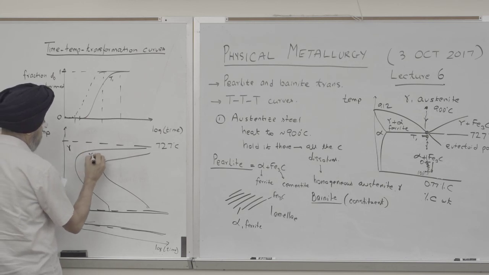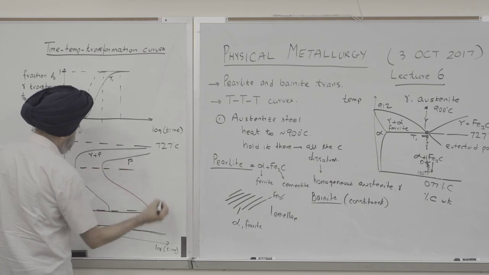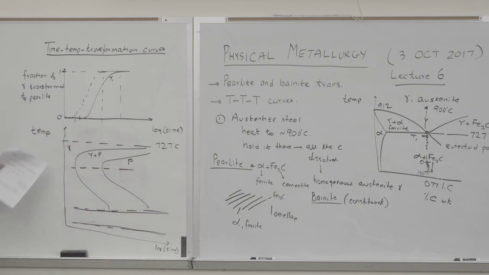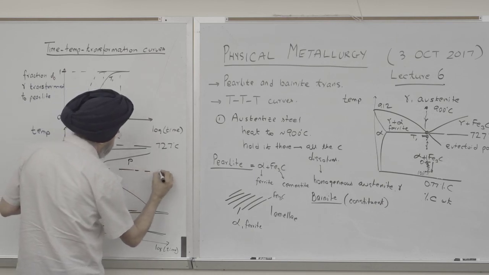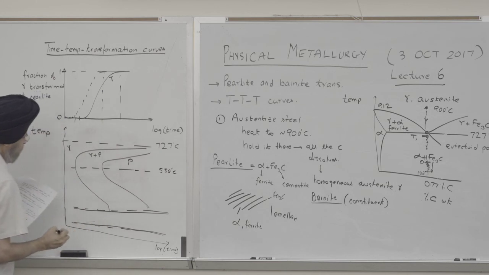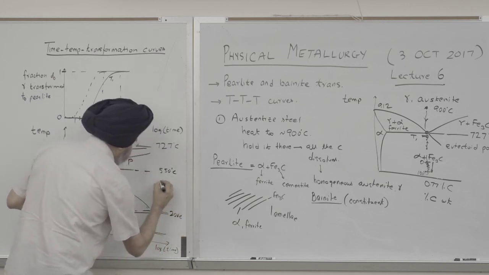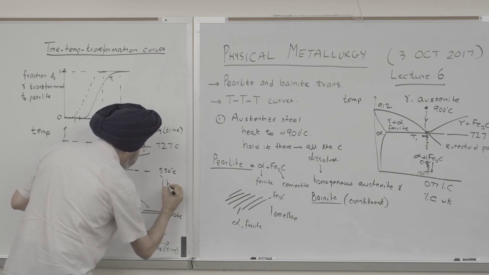This is austenite plus pearlite. This is pearlite. So that exists in approximately that temperature range. So this is about 550 C. Below that, up to about 200 degrees C, this is the bainite range.